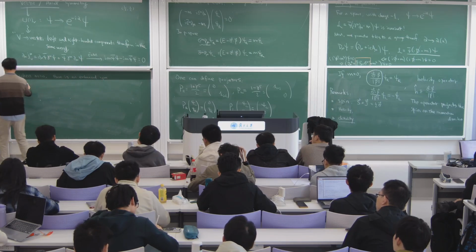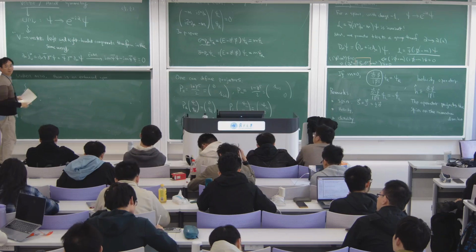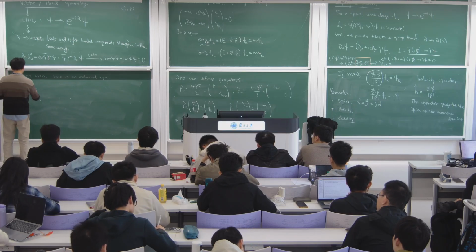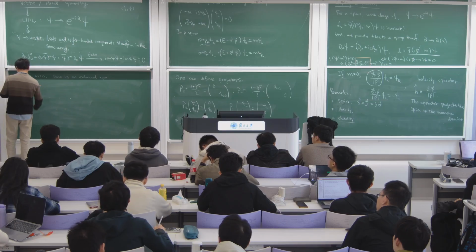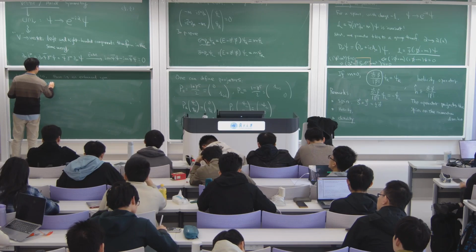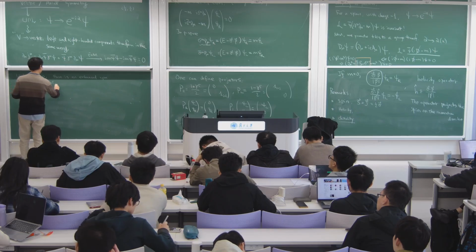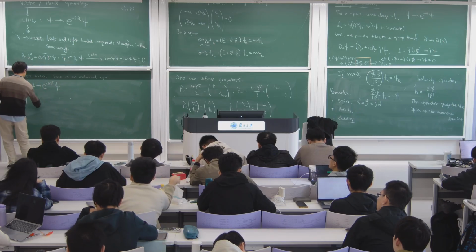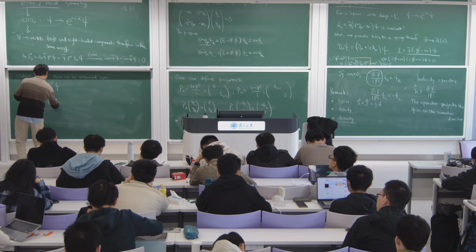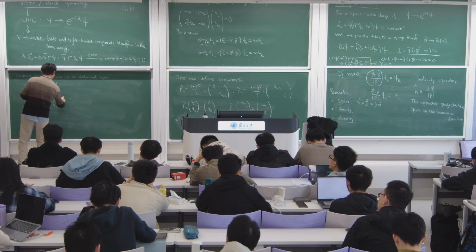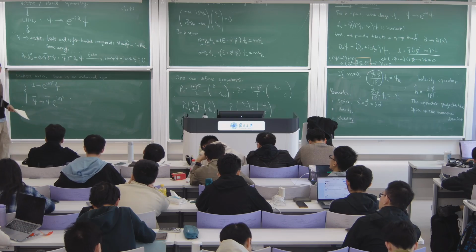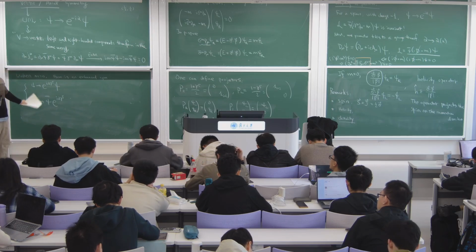What is that? You can check for m equals 0, which is the massless Dirac theory, when you send psi to e to the i alpha gamma phi psi, and psi bar goes to psi bar e to the i alpha gamma phi, then the Lagrangian is invariant. I already told you the definition of gamma phi.